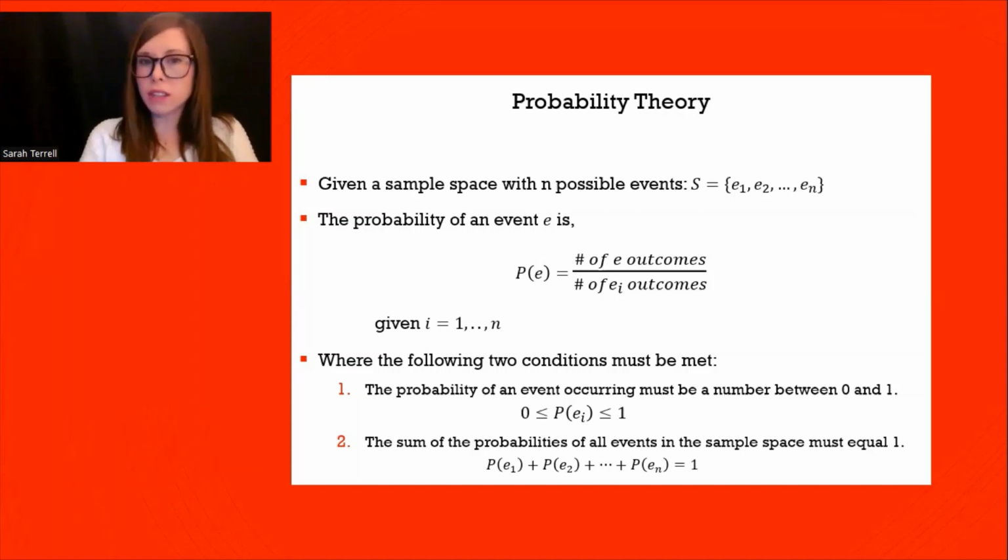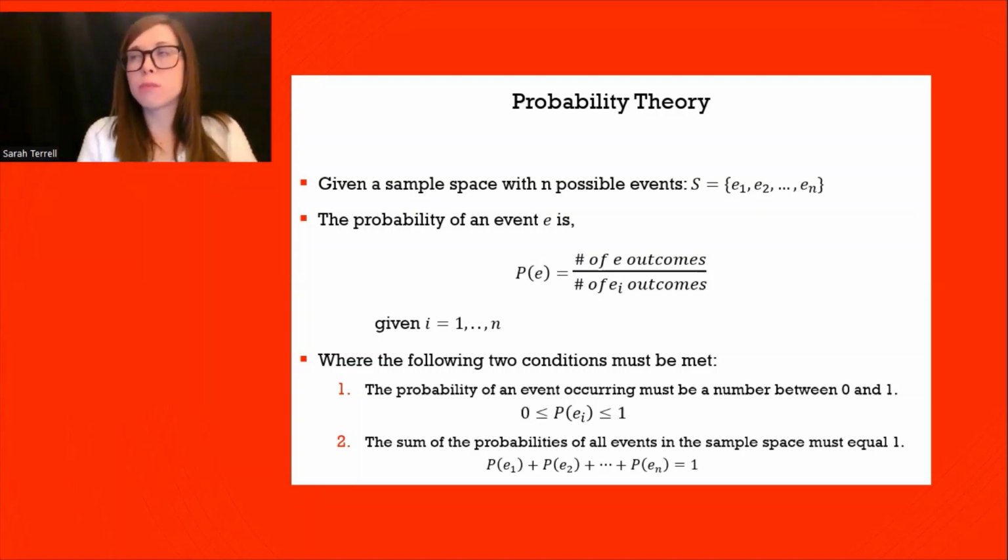Okay, so given a sample space, we're going to call this sample space S. There are n possible events within this sample space, and we're going to label these possible events E of 1 all the way up to E of n, representing once again the total number of events within the sample space. Okay, so what would be an example here of a sample space?